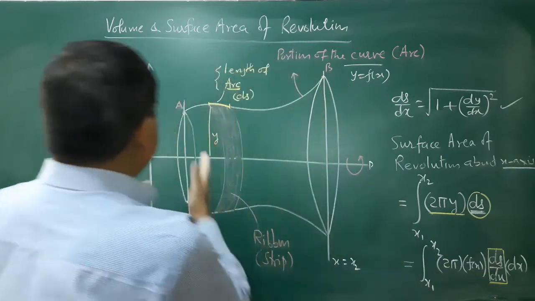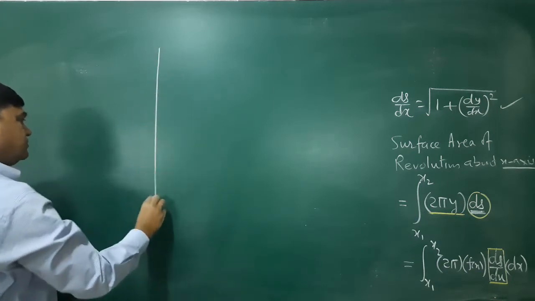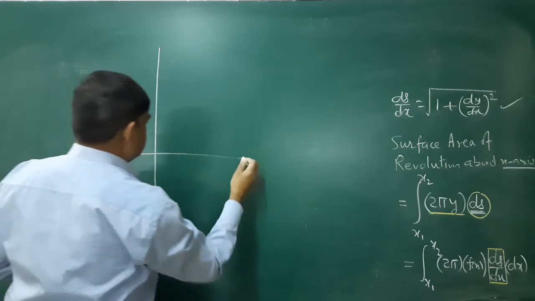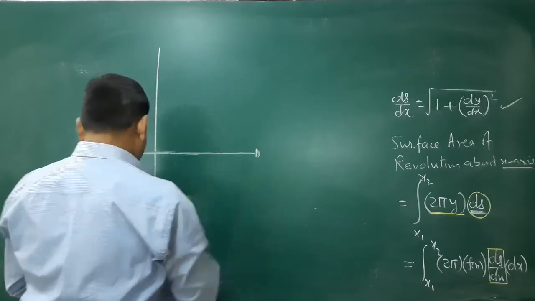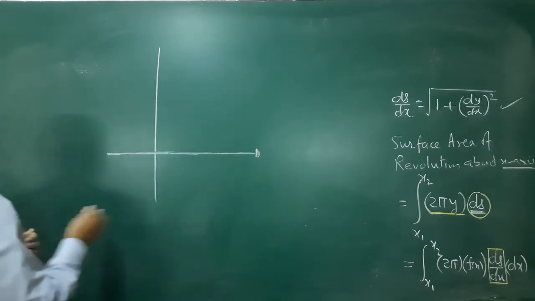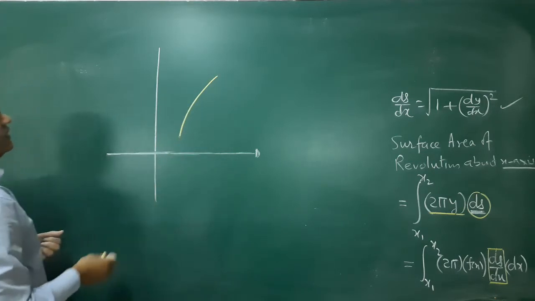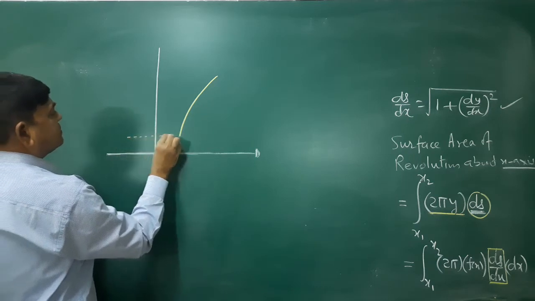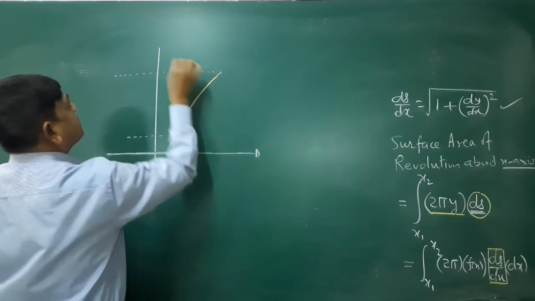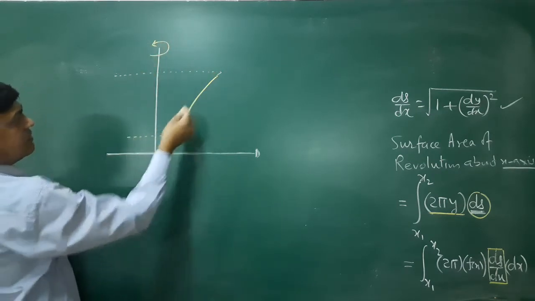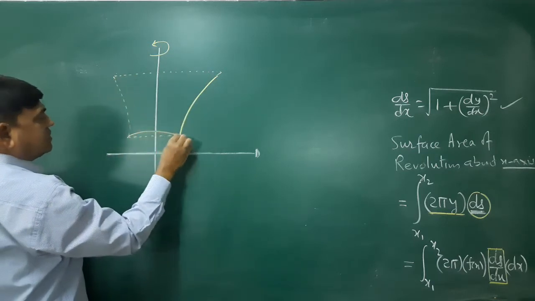Now if it is with respect to y, for example, suppose the curve is just like this. Now this rotates about the y-axis. Then this diagram is obtained.